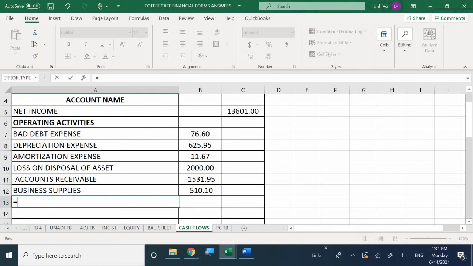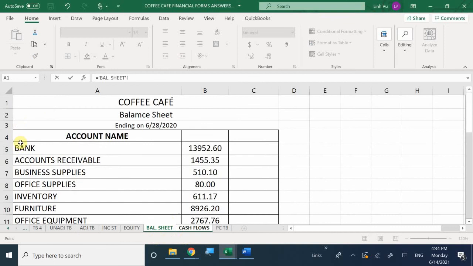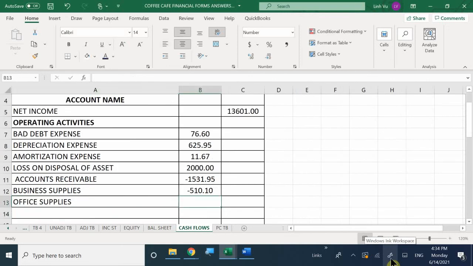All right, let's go ahead and take a look at the next asset that we have. Office supplies, same thing here. It says that we have $80 worth of office supplies. Same idea: I've already spent the money. I've already paid $150 to office supplies, and this is how much I have left. So this $80 is something I don't have.